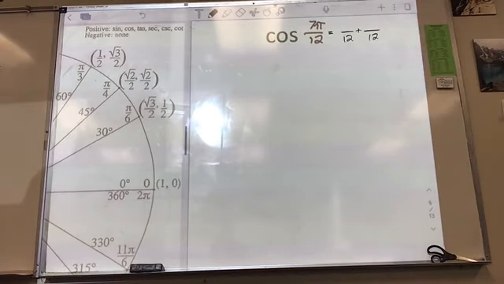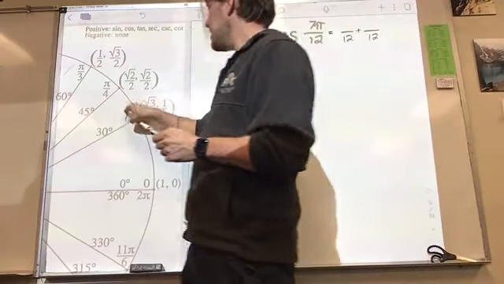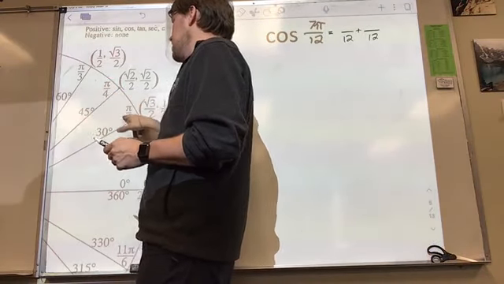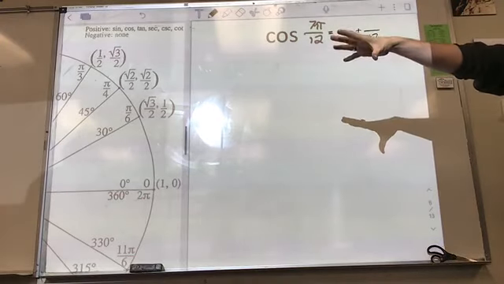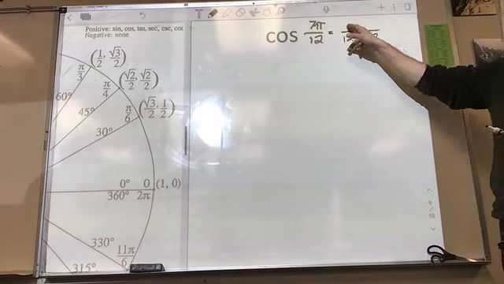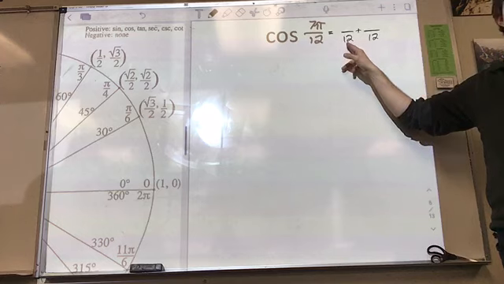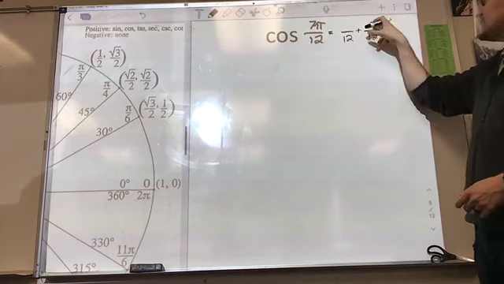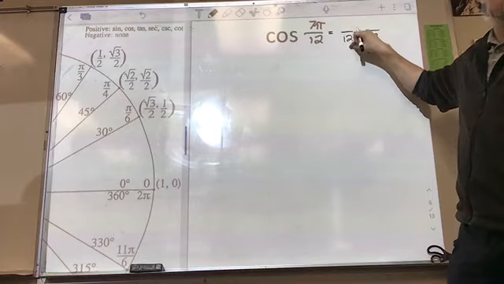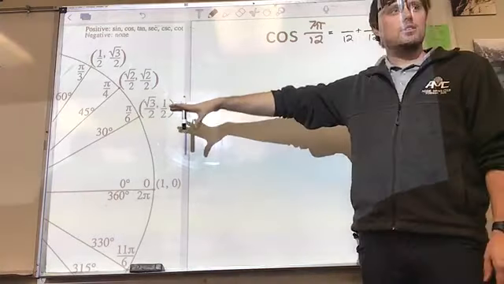Okay? But if we look on my unit circle, none of my radians have a denominator of 12. So that means that these are fractions that were simplified to get to the unit circle. So we need to pick numbers that can simplify with 12 to get to the unit circle. So if I chose 1 and 6, the 1 over 12 wouldn't simplify. And so that can't be on our unit circle.